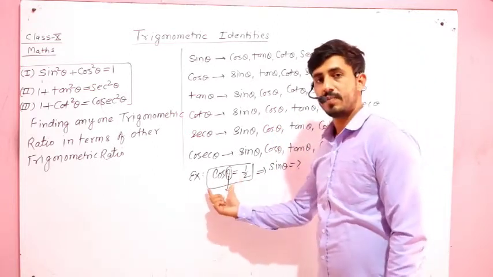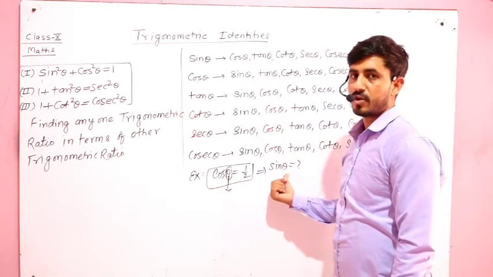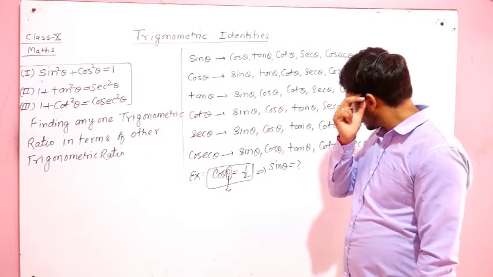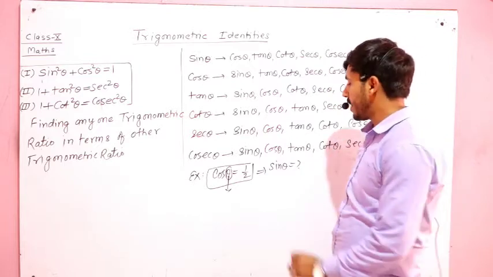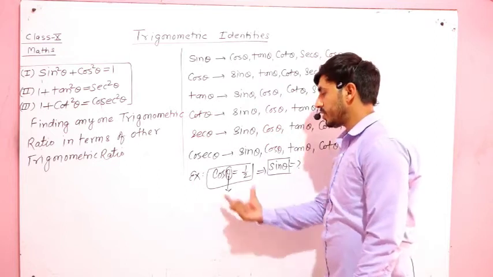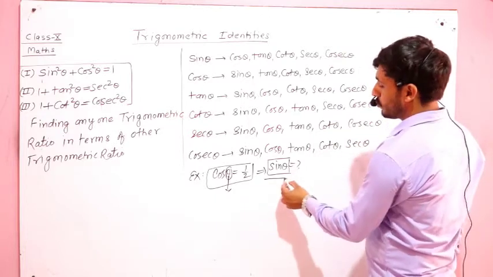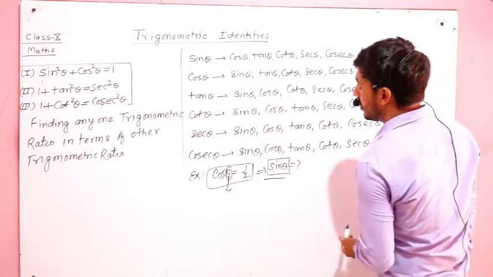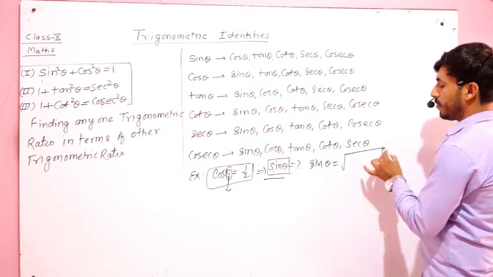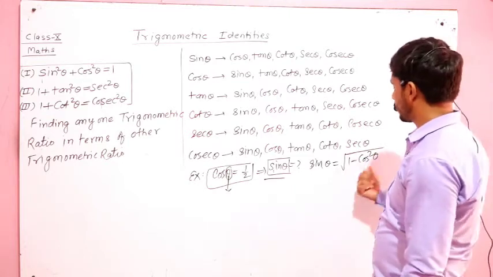But if we don't know the value of theta, then we have to find the relation of sin theta in terms of cos theta, because in the question cos theta's value is given. Sin theta can be directly obtained from cos theta by the relation root of 1 minus cos square theta.